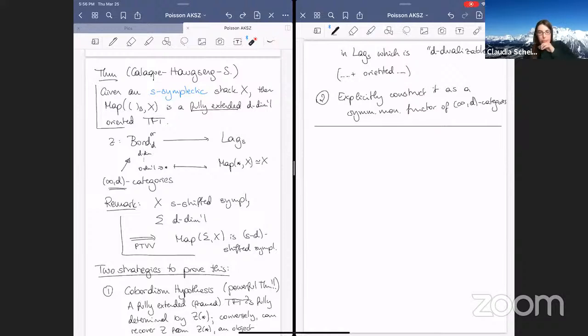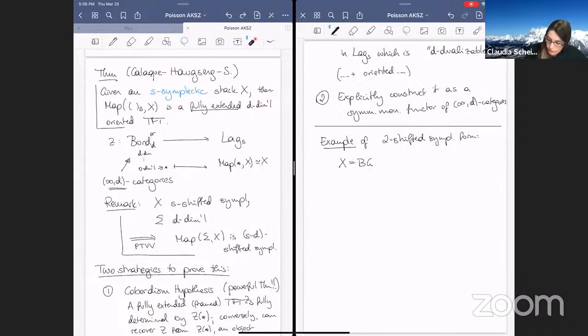To get back to our main example, we wanted to think about X being BG, an example of a 2-shifted symplectic structure. So we take X to be BG, that will be our main example.